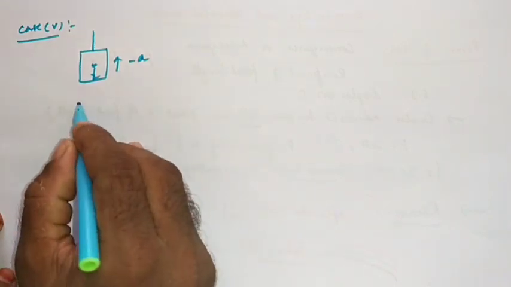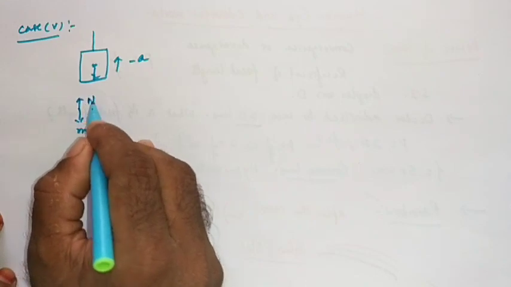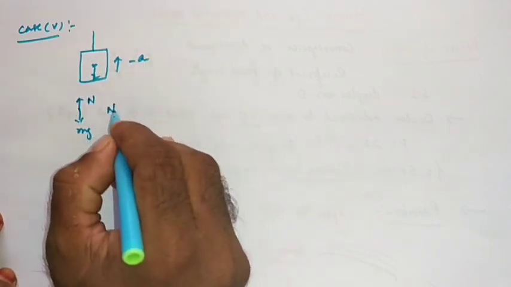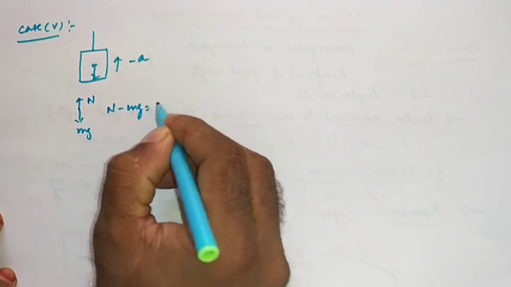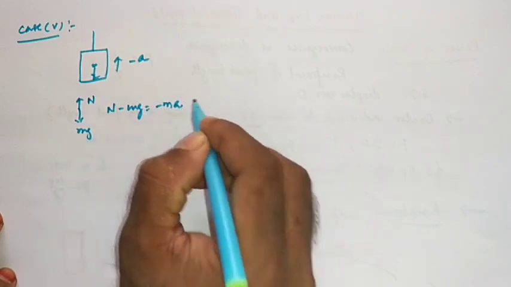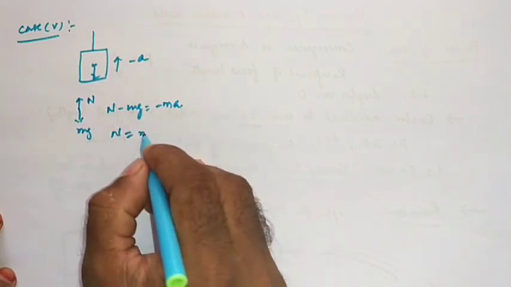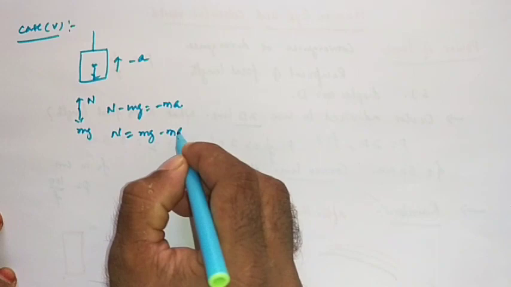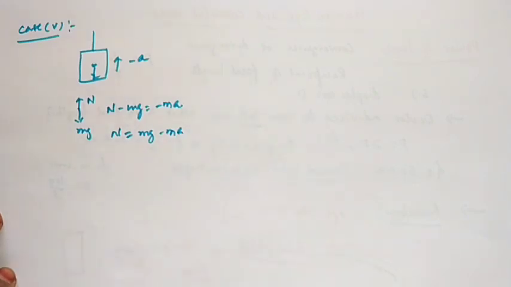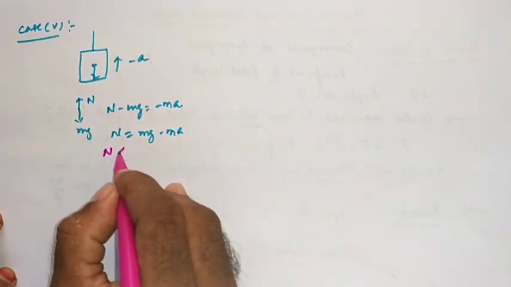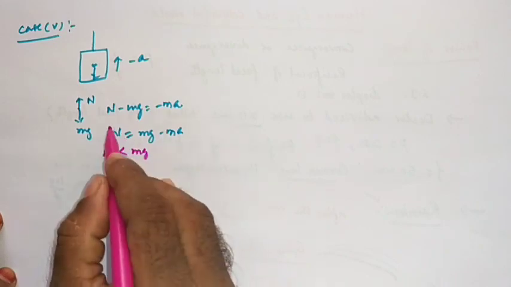That is mg and N. As it is moving up, N minus mg is equal to minus ma, because a is equal to minus a. So in this case, N will be equal to what? mg minus ma. So in this case also, N will be less than mg.